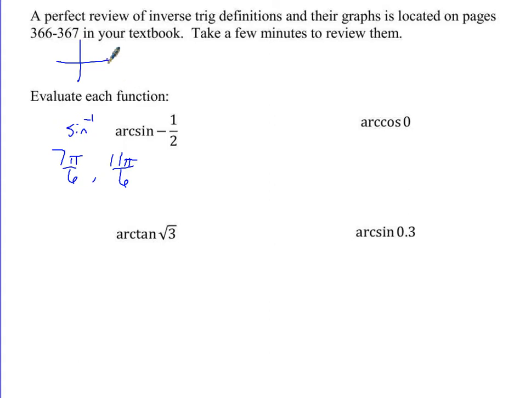So to get to 11 pi over 6, I have to go 11 pi over 6 this way. Or I could reverse that and go 11 pi over 6 this way, which gets me to positive pi over 6, right? That's not what I have. I went in the negative direction to get there. So actually, negative pi over 6 is my answer.